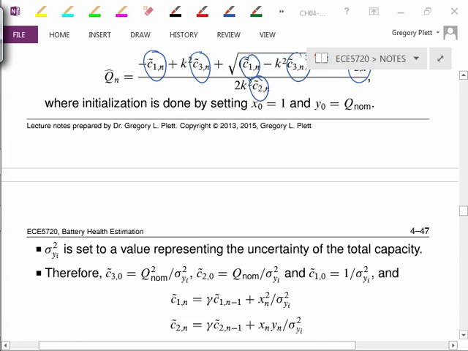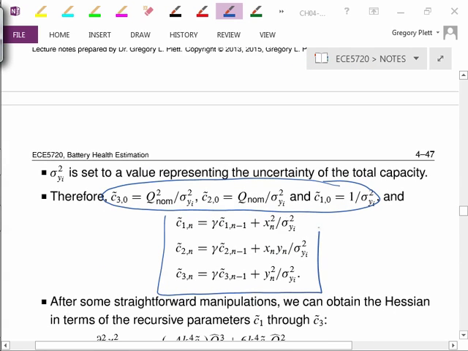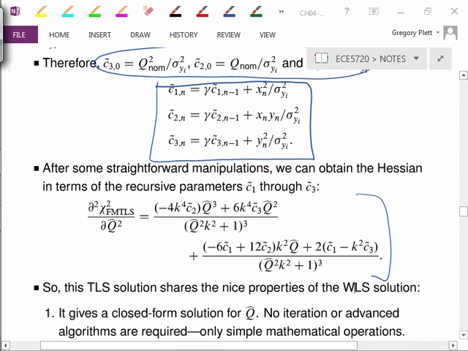The tilde variables are initialized the same way, and updated the same way that we saw for the ordinary least squared solution, where the tilde variable is lambda times its previous value plus the update factor. Again, we can find the Hessian in terms of these parameters, and it turns out to be identical in form to the Hessian in terms of the non-fading memory. I just use the tilde quantities instead of the non-tilde quantities that we used before.